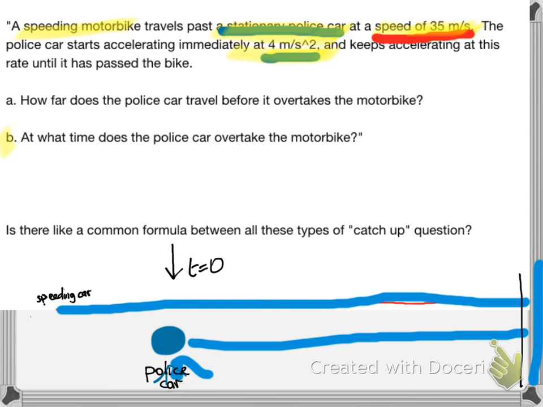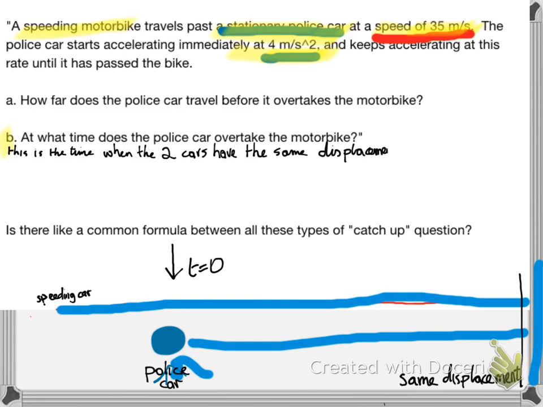Then we're going to have this endpoint here being the same displacement. So when we're thinking about what is the time that the police car overtakes the bike, this is when the two vehicles have the same displacement. This is the first thing we think about.